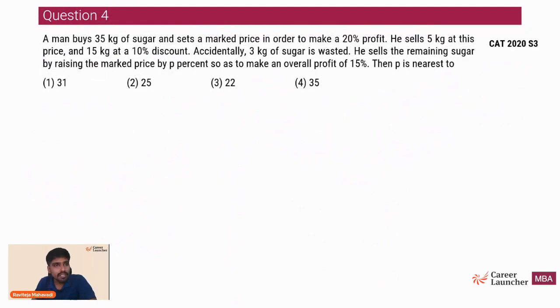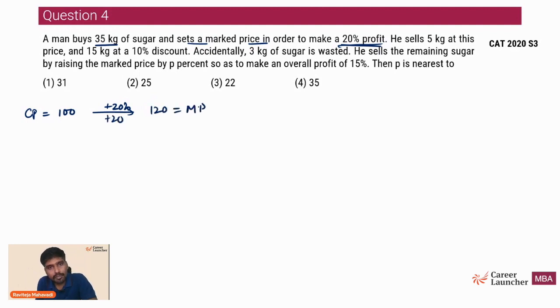CAT 2020 slot 3. A man buys 35 kg of sugar and sets a marked price in order to make a 20% profit. So, okay, let us first assume cost price is 100. If you have a 20% profit, then the marked price, so if you are marking it up to get a 20% profit, then the marked price is going to be 120.